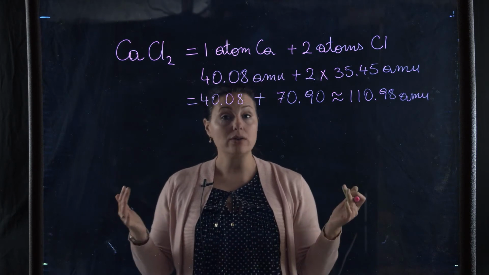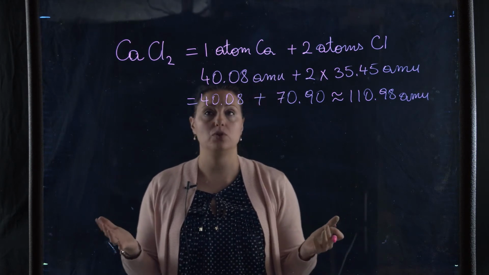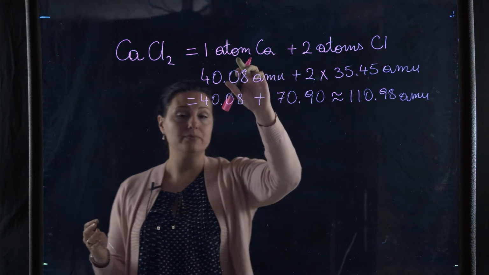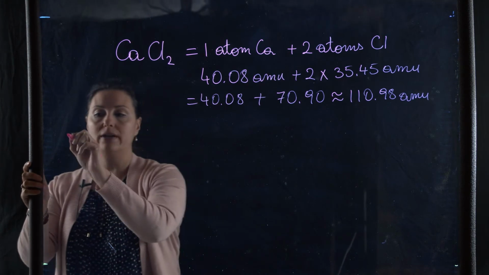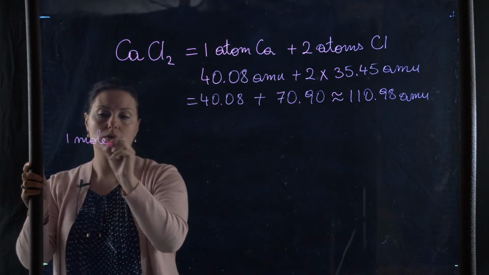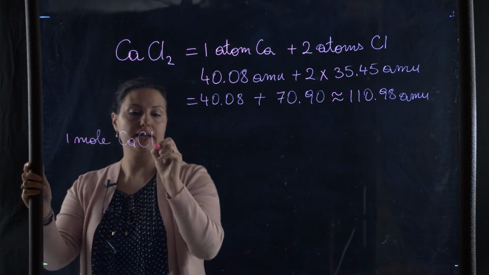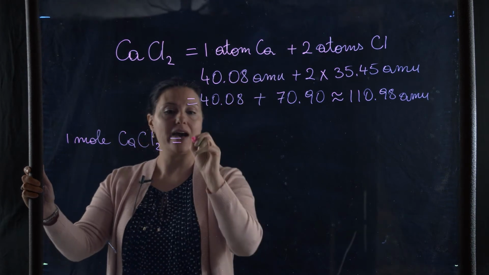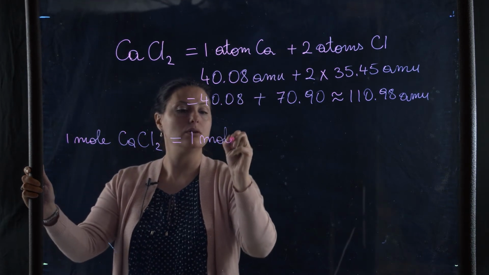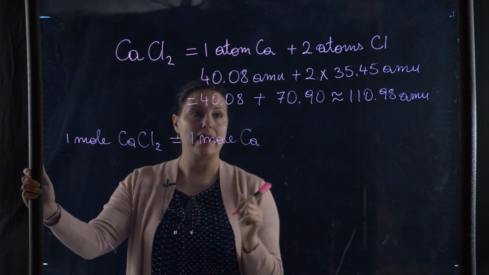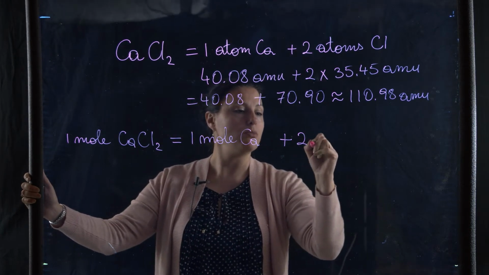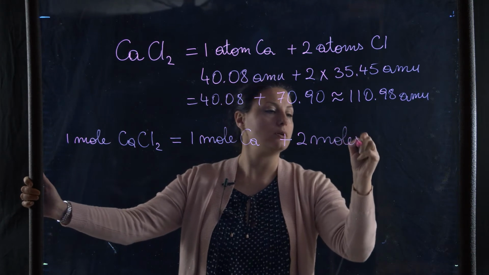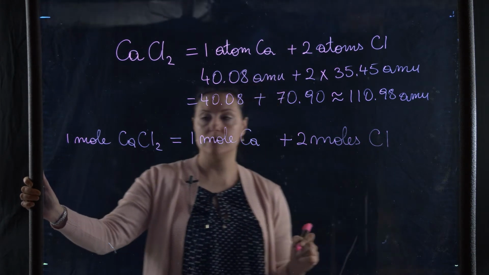Now what if I had 1 mole of calcium chloride? Instead of 1 atom, I would have 1 mole of calcium. So 1 mole of calcium chloride would have 1 mole of calcium atoms plus 2 moles of chlorine atoms, right?